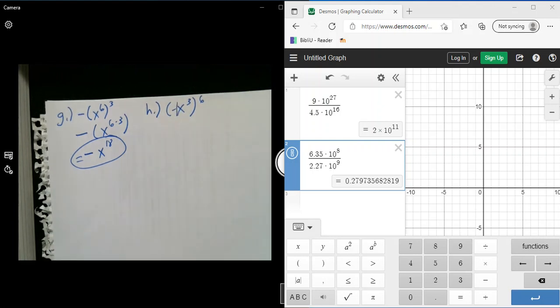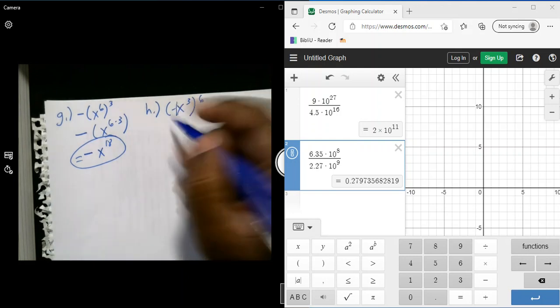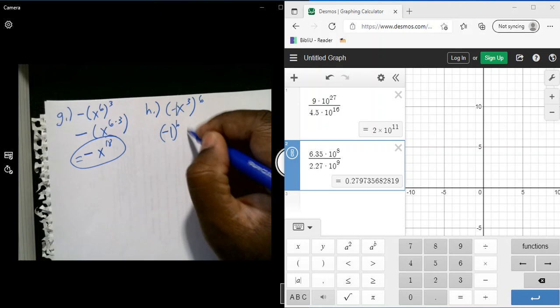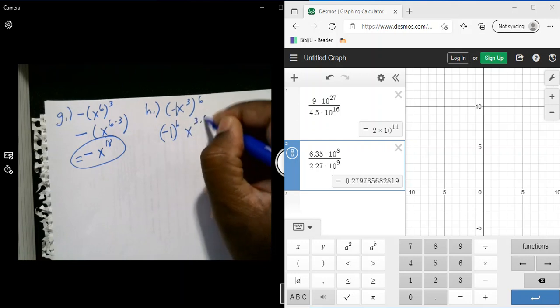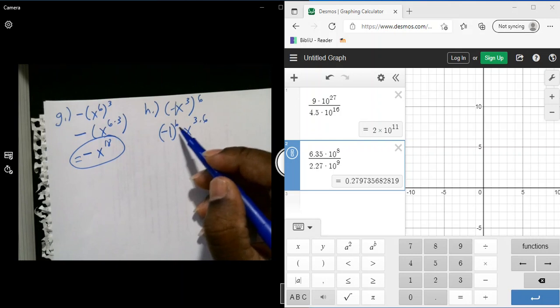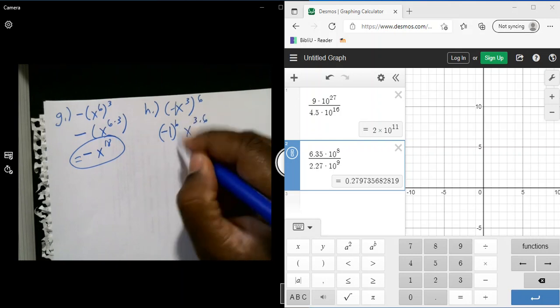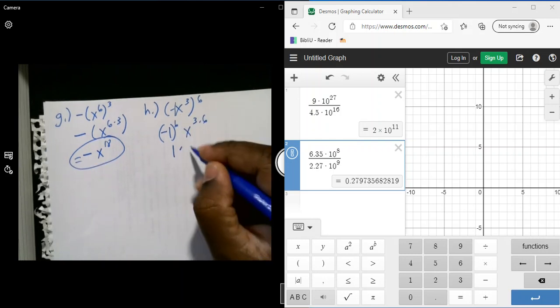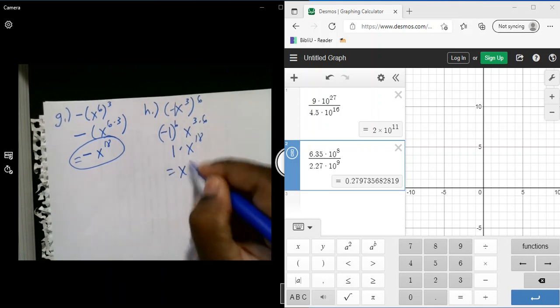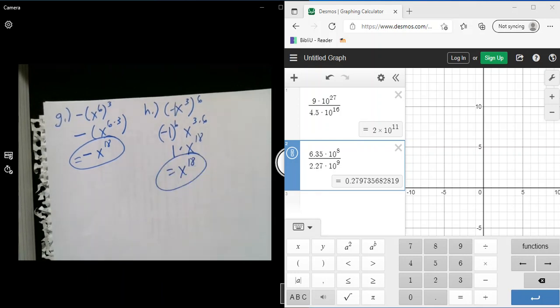So I'm just going to show you how to do this here. So that means that this negative 1 would be taken to the 6th power, and then x to the third would be multiplied by 6. Negative 1 times itself 6 times would be positive 1. This would be x to the 18th, and then your final answer would be x to the 18th.